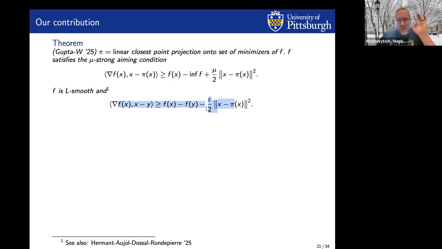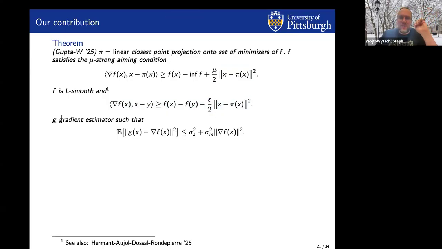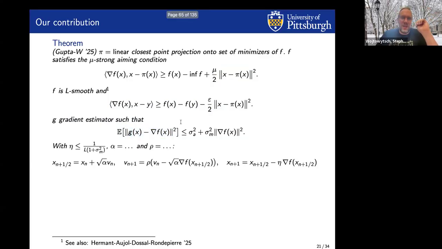We don't write out Hessians because we don't have to have C2 functions, but this is basically a lower bound for the Hessian eigenvalues in direction towards the minimizers. This is a negative lower bound for the Hessian in general. And then we've got stochastic gradient estimates, so if you don't want stochastic optimization, G is just the gradient.